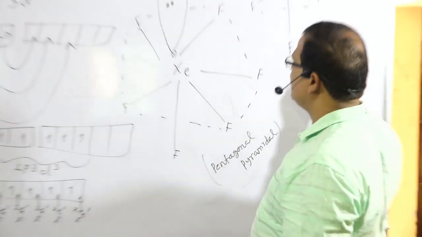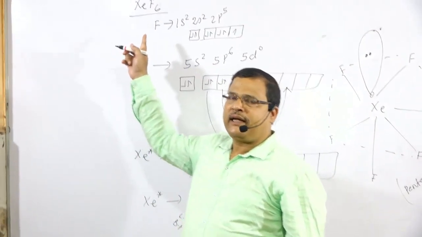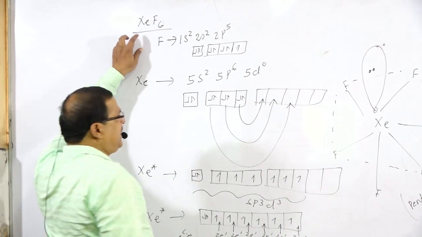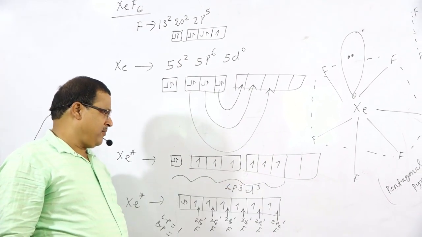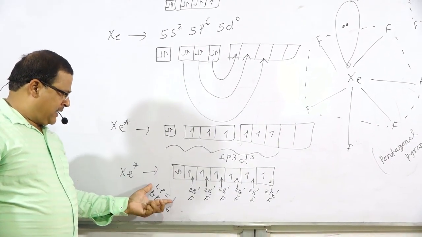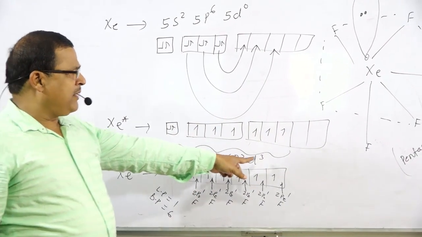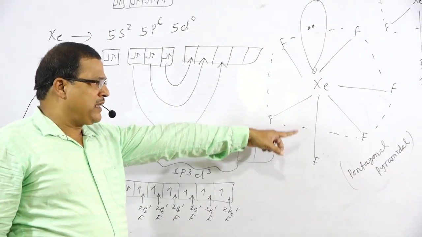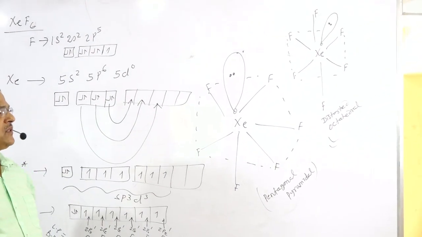This is the most preferred structure. So xenon hexafluoride has sp3d3 hybridization, 1 lone pair, 6 bond pairs. The structure will be either pentagonal pyramidal or distorted octahedral, but distorted octahedral is the most preferred.